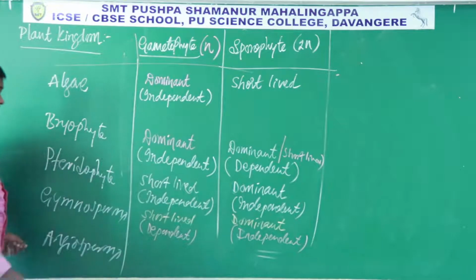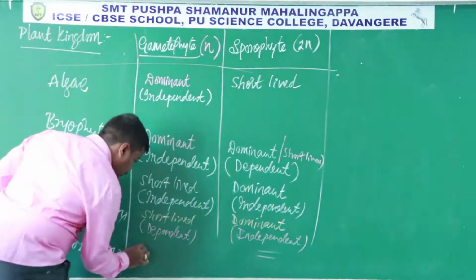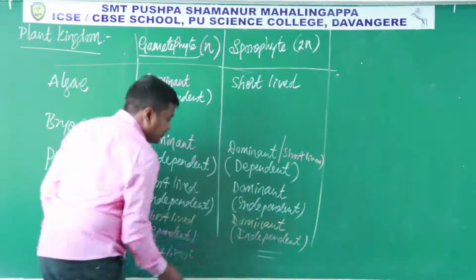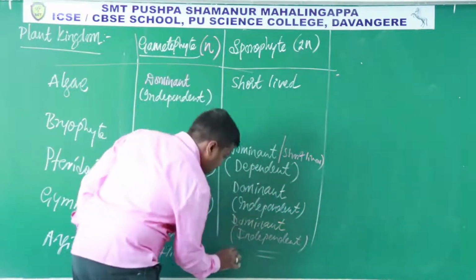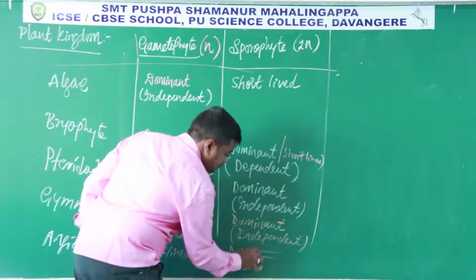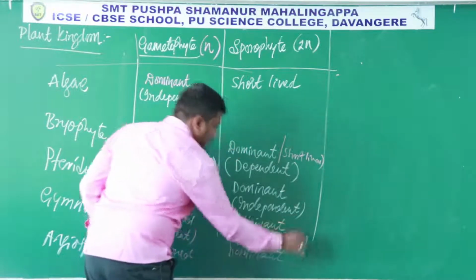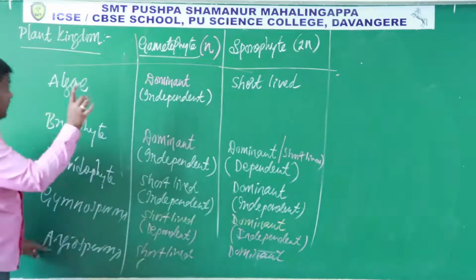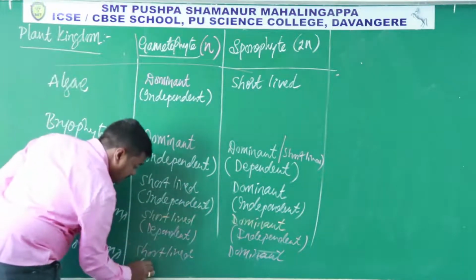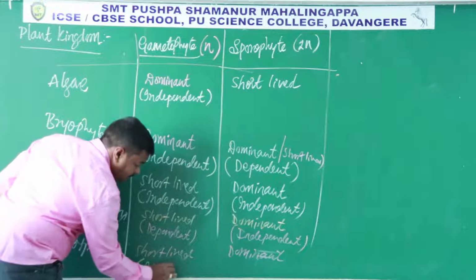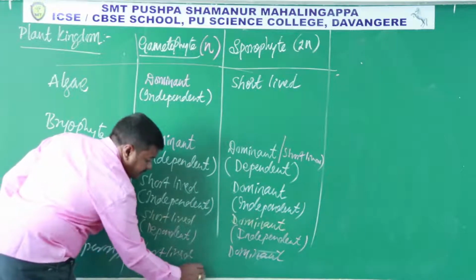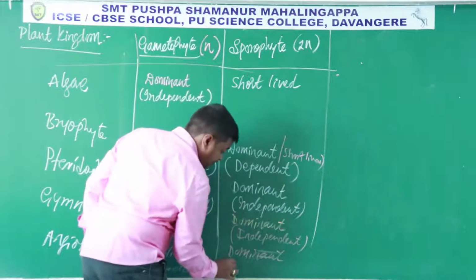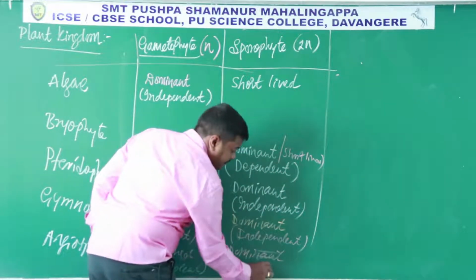And in angiosperm, gametophyte is short-lived and dependent, the sporophyte is dominant, and the sporophyte of angiosperm is also independent.